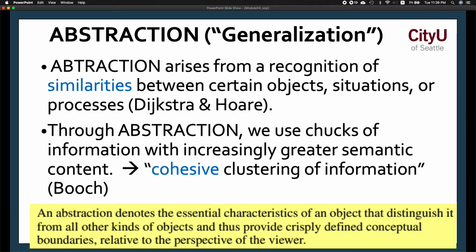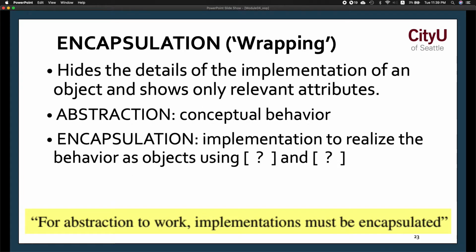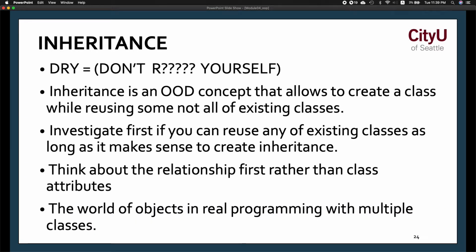So abstraction, as time and again, similarities between certain objects, situations, or processes. Okay, moving along. Encapsulation, just a repeat of what we have. Inheritance, right? So this is don't repeat yourself. If you can create a very good class structure, you can basically inherit that, right?